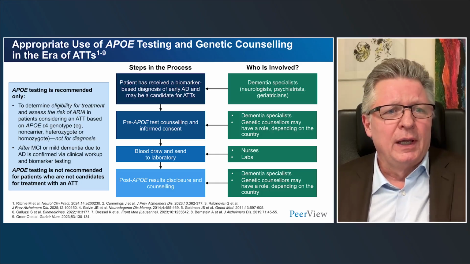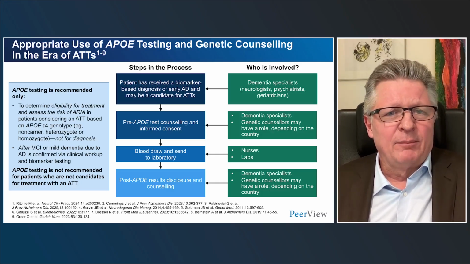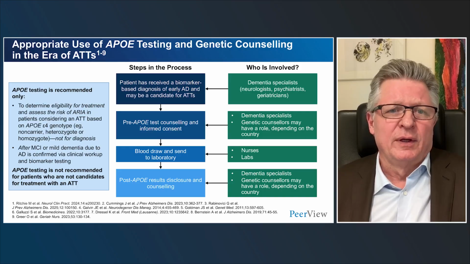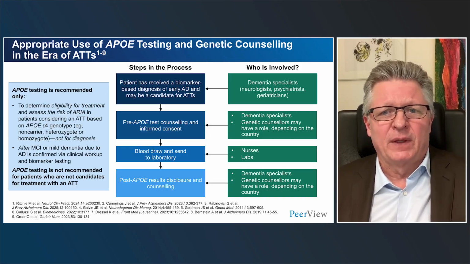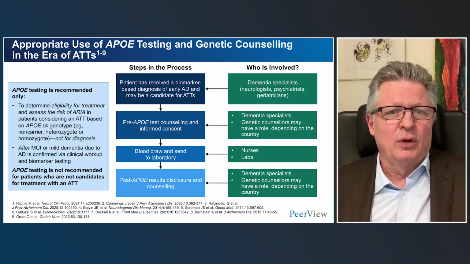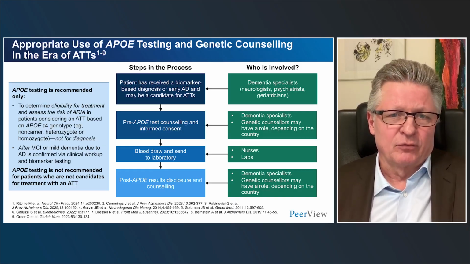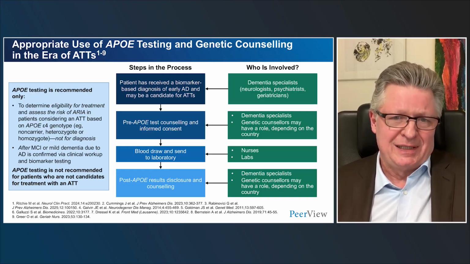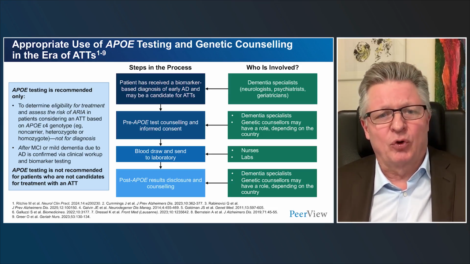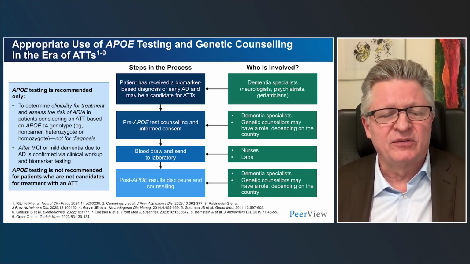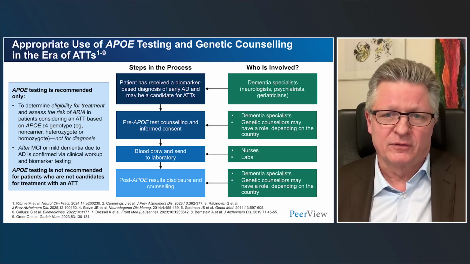How does that work? Basically, there are a number of steps which should be followed. So first, there is a pre-test counseling. After the biomarker-based diagnosis of early Alzheimer's disease, there is a pre-APOE test counseling, the purpose of which is to inform the patient about the general nature of APOE, as was just discussed by Juan, but also specifically about the risk for ARIA associated with APOE.